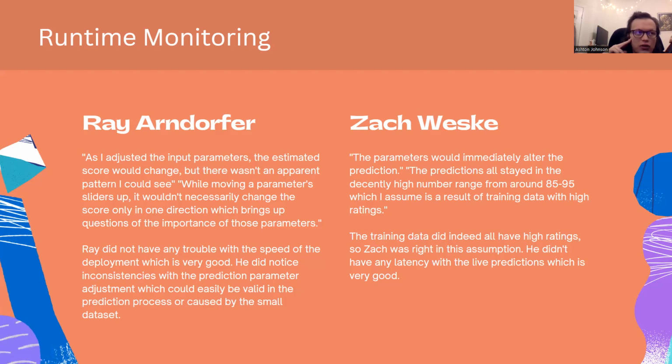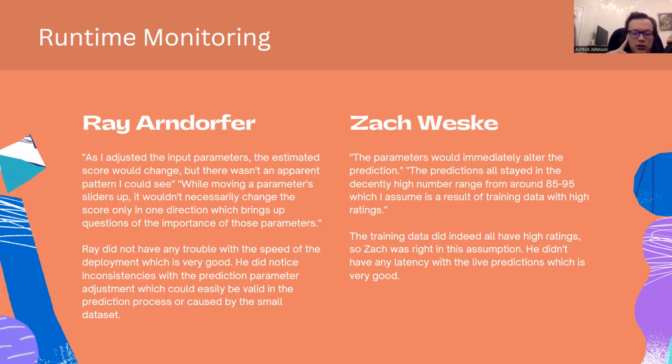This is just to say that it's not necessary that, given the rest of the parameters be static, if you adjust one in one direction, the final prediction is going to move in one direction as well. Moving the other parameter in one direction could result in fluctuating values for the prediction.